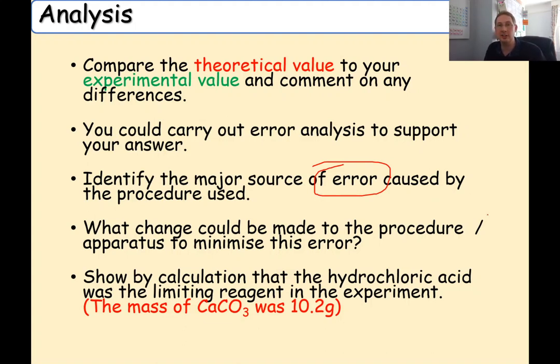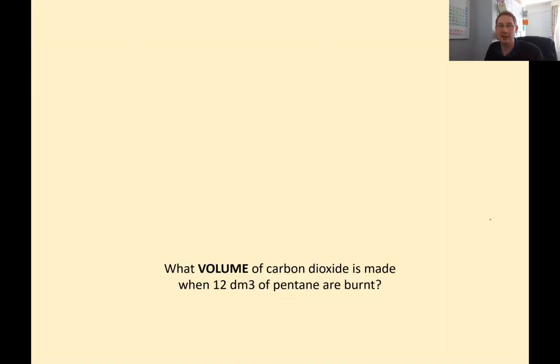If you were producing carbon dioxide, another source of error, especially if you're collecting it over water, is that carbon dioxide dissolves in water, and that would cause a big problem with the amount of CO2 you were collecting. One thing it specifically says in your spec is you've got to be able to quickly go from gas volume to gas volume. So let's just recap that.